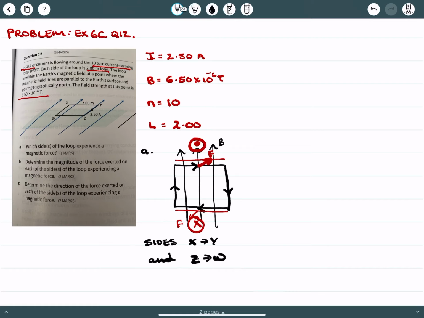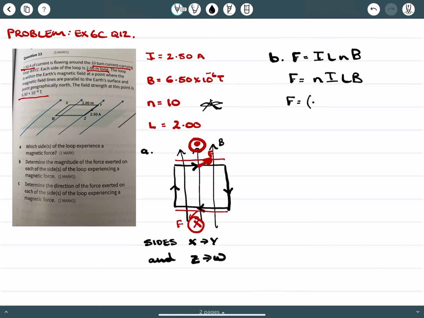Question B says, determine the magnitude of the force exerted on each side of the loop experiencing a magnetic force. This is where we use the equation F equals I L N B. It could be written as F equals N I L B, which is probably more traditional. We bring all our values together to get the calculation.